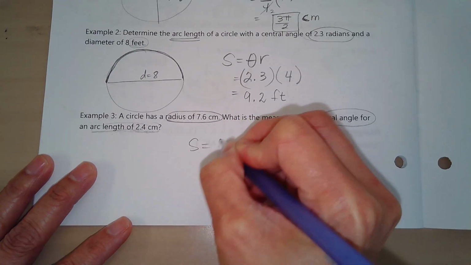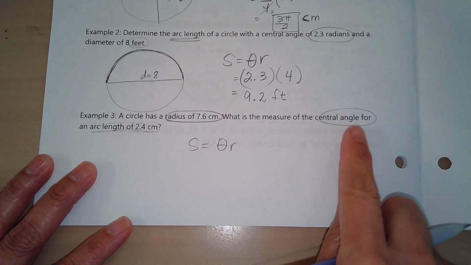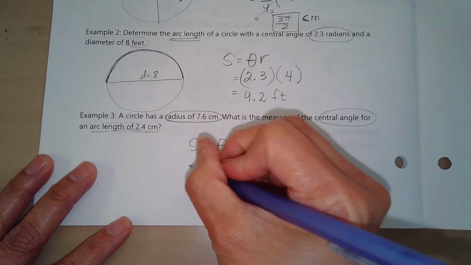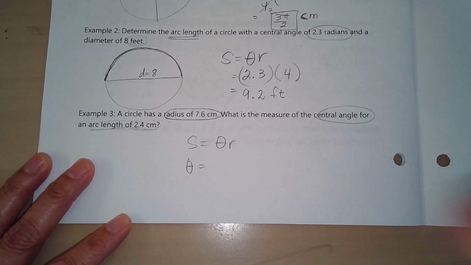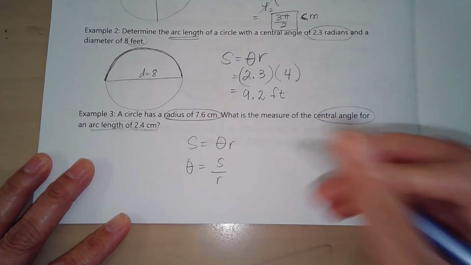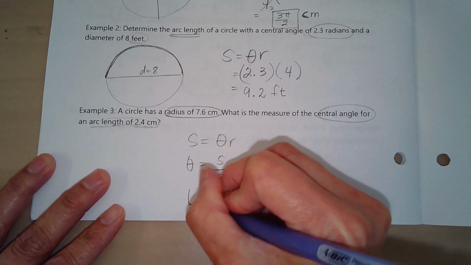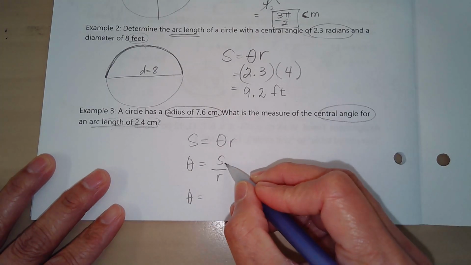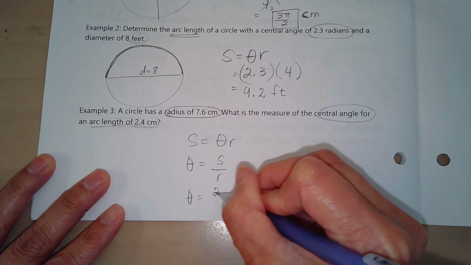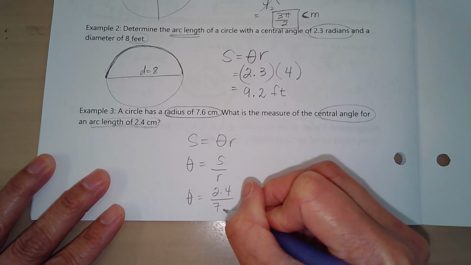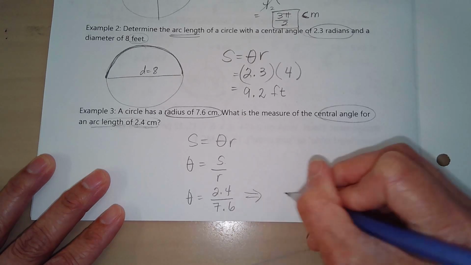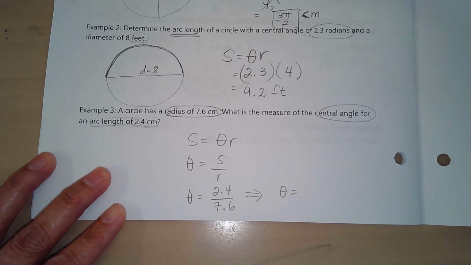So S is equal to theta R. We're going to solve for theta. So if you're solving for theta, what are you going to do? S over R. S over R, correct. So theta is equal to S, that's 2.4, over R, which is 7.6. So that means theta is whatever that is.